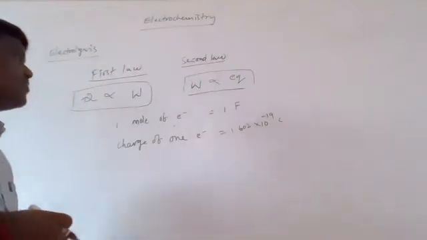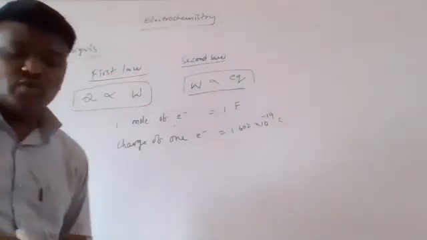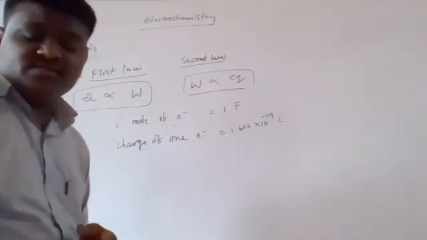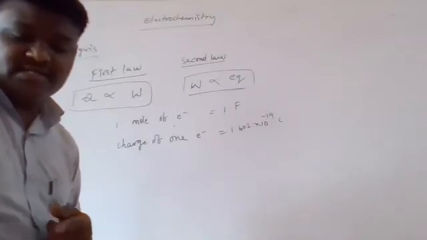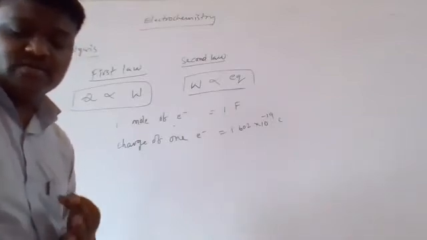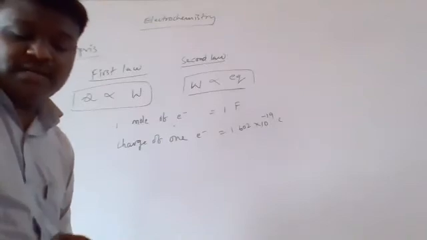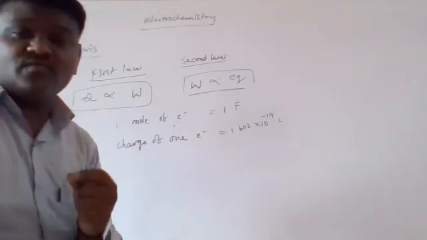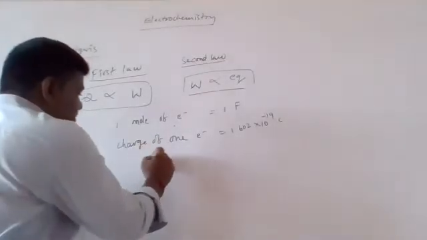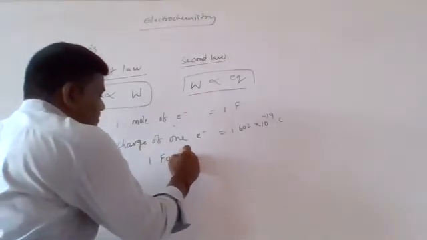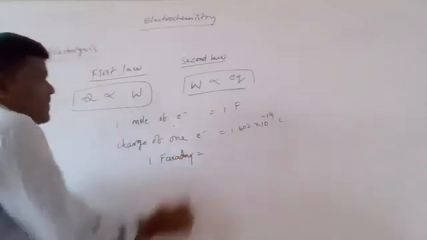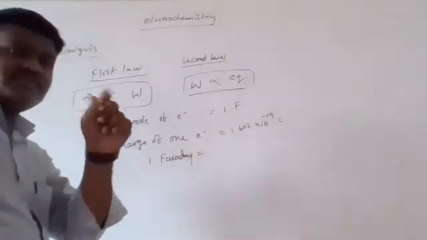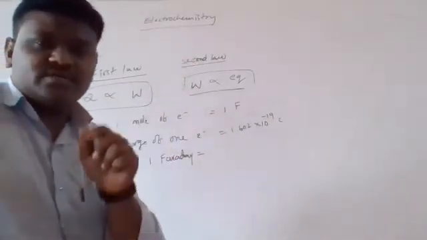Then 1 farad is equal to how many coulombs? The electric quantity of one electron is 1.6 × 10^-19 coulomb. The electric quantity of 1 mole of electrons is 1 farad, and 1 mole of electrons means the number 6.022 × 10^23.